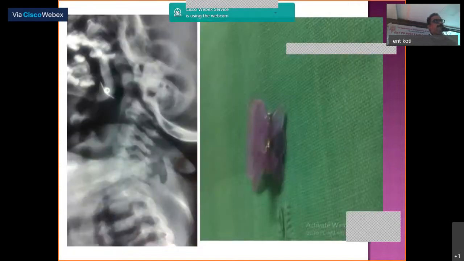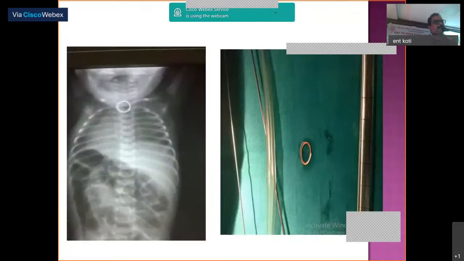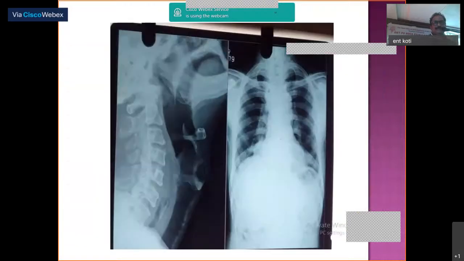So this was a clip in the nasopharynx again. Mother's hair clip. This was a small ring, again like a coin, lying in the epipharynx. This one, as I told you, you can see a hazy shadow around the foreign body.